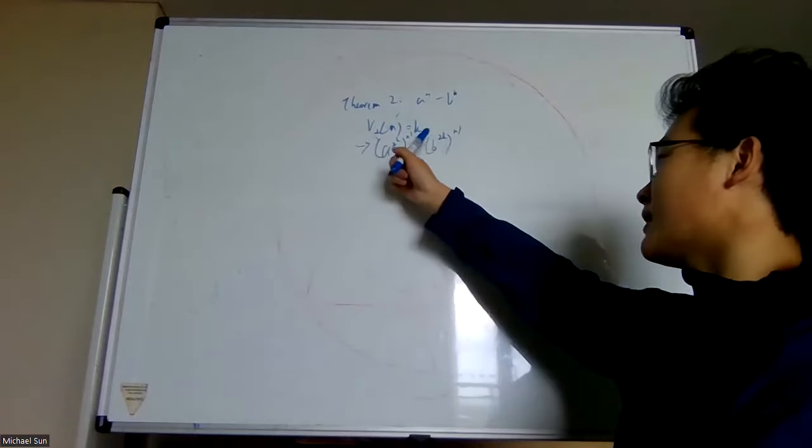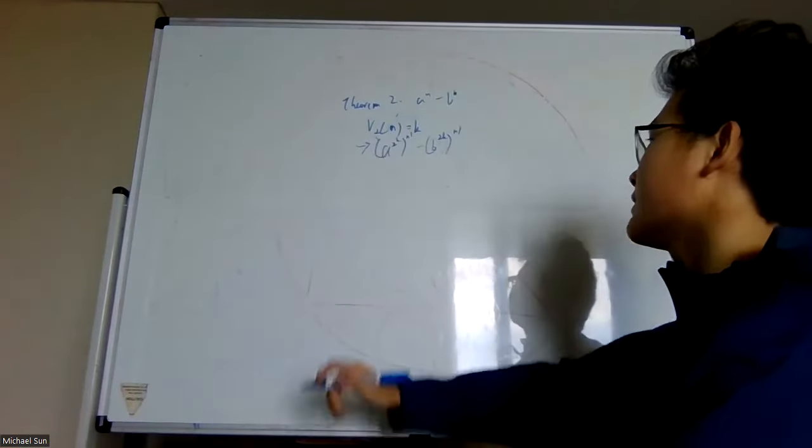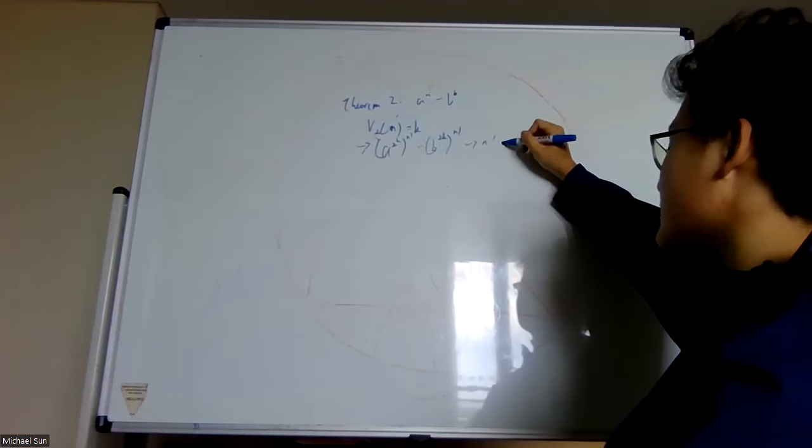You're taking out the maximum power of 2 that divides it, so n dash. This means n dash is odd.